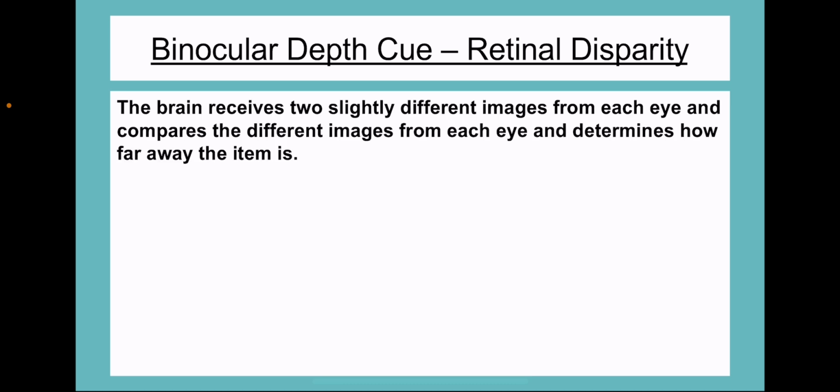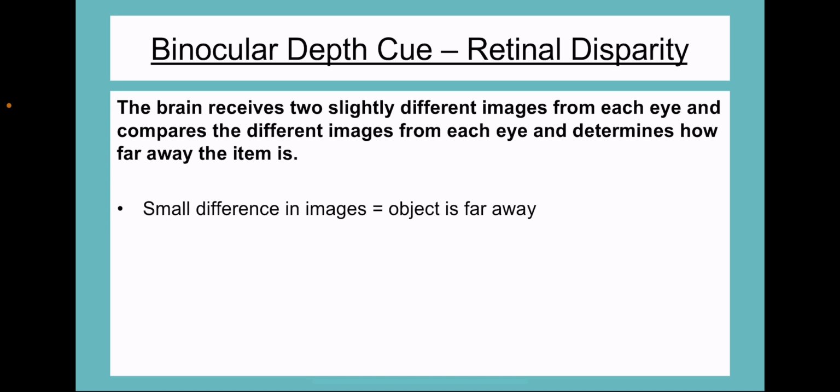That's because as mammals with 2 eyes, we are receiving 2 slightly different images of the world all the time. And what our brain does is take those 2 slightly different images and constantly compare them. Comparing them helps determine how far away something is that we're looking at.